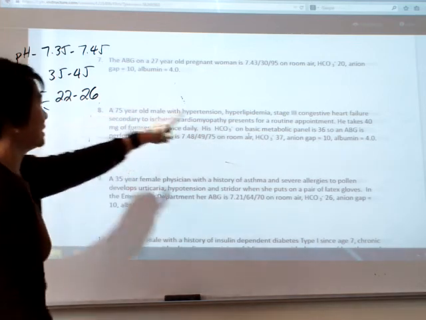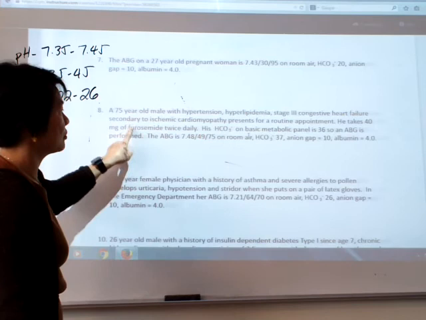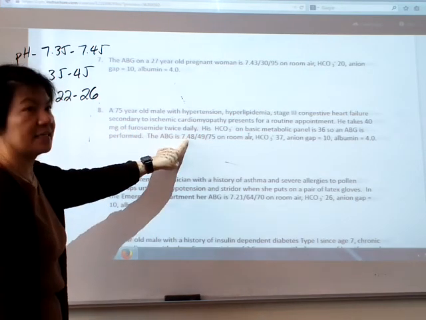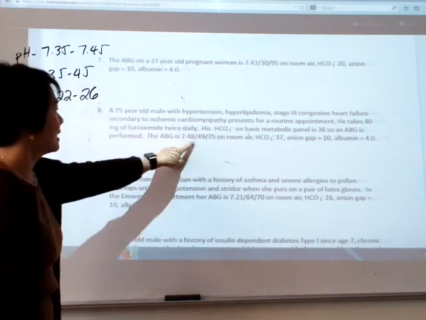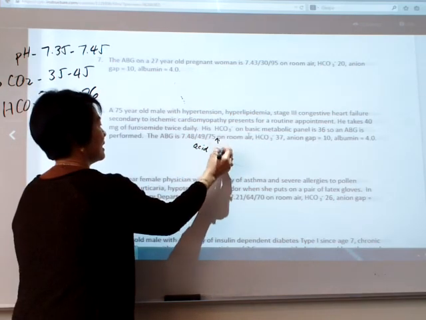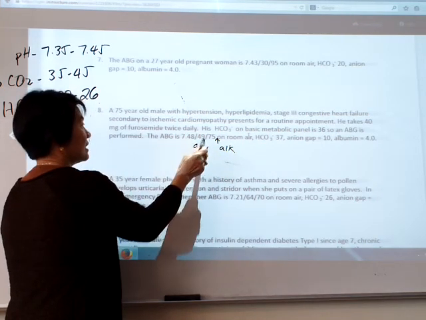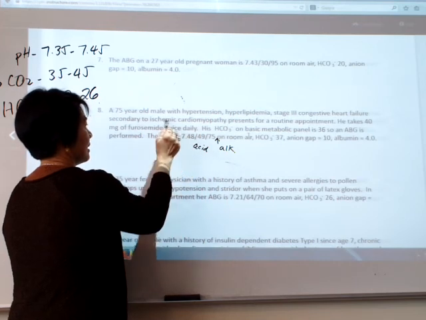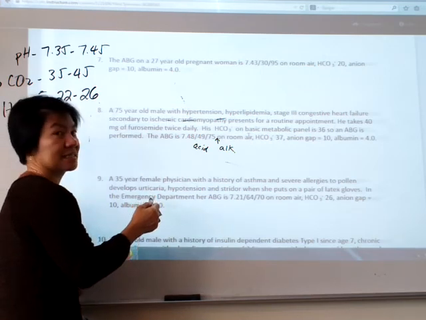How about this? Congestive heart failure, on furosemide. So I'm thinking this is a metabolic patient. This is high, that's alkalosis. This is high, that's acidosis. This is high, that's alkalosis. I know that this is metabolic, so I'm going to write metabolic alkalosis, uncompensated.